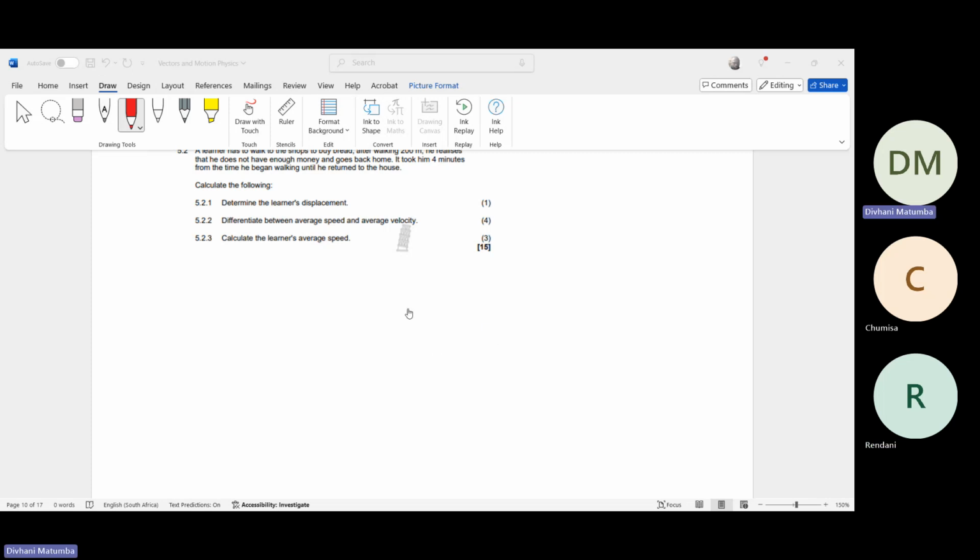Kumisa, do you agree? Rendani, remember the slope is voltage divided by resistance. Does it give you charge? No. What does it give you?